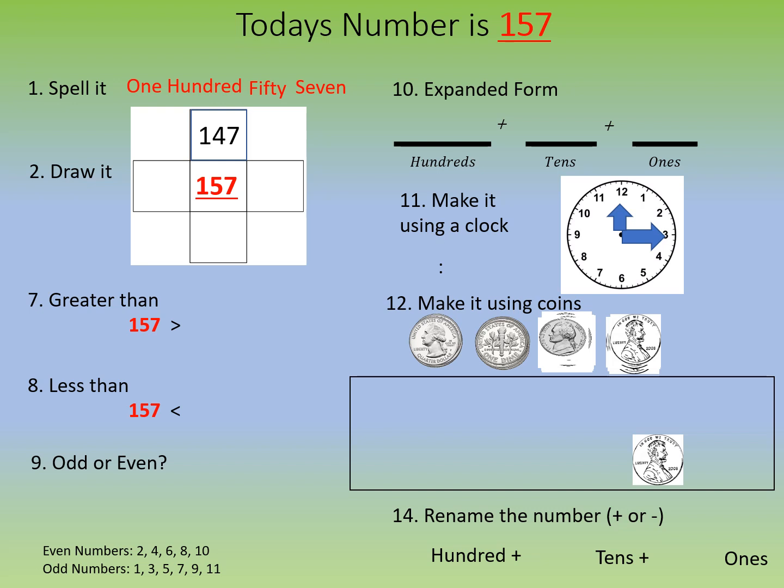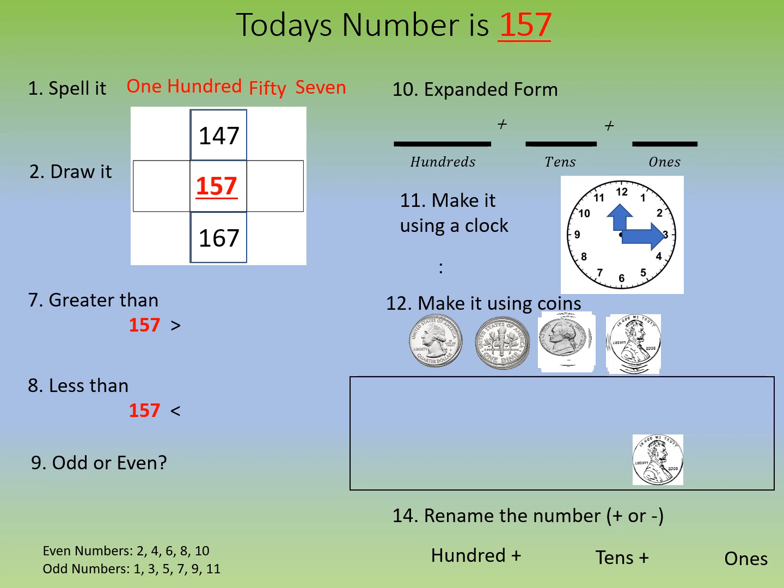Now, what's 10 more than 157? Turn and tell your partner. 10 more than 157 is 167. We just made the 5 in 157 a 6 for 167.